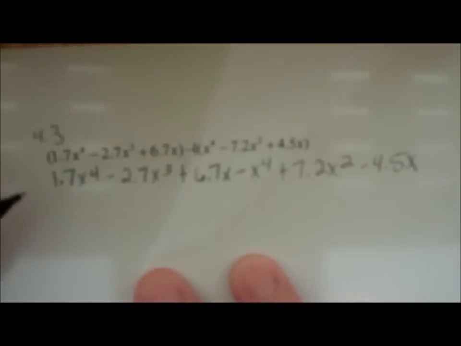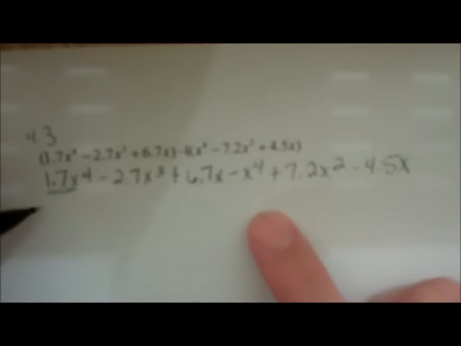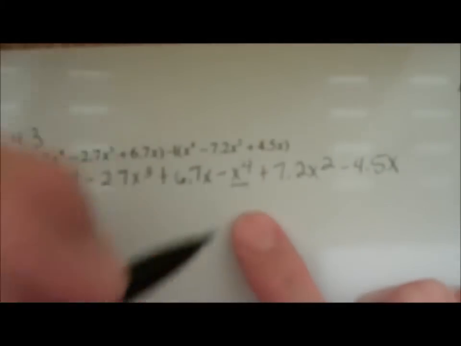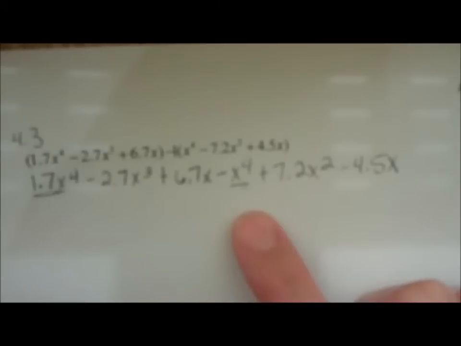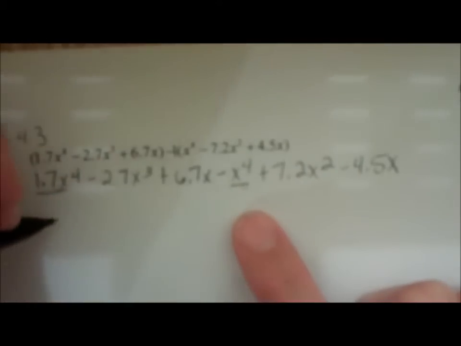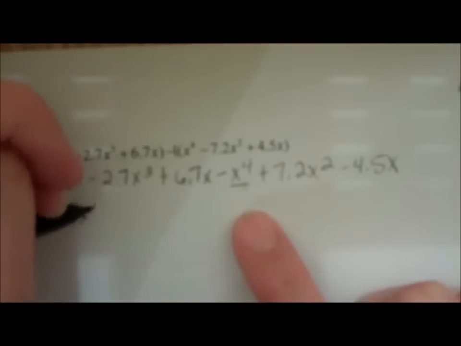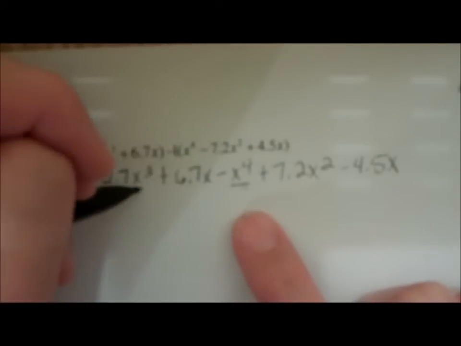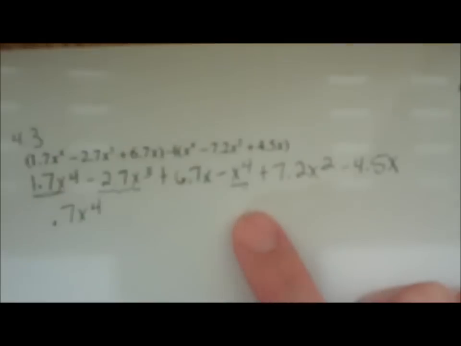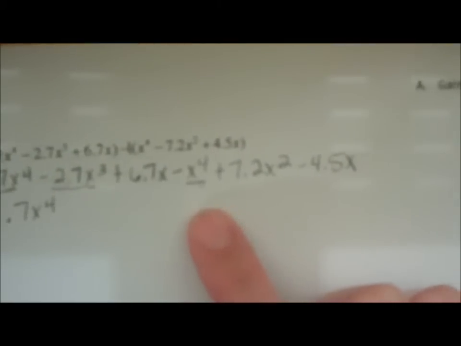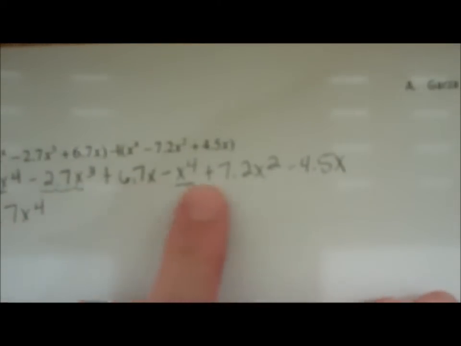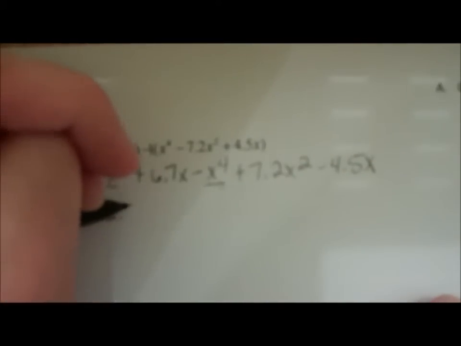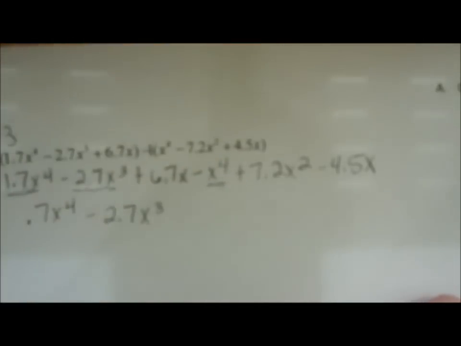Okay, from here I'm going to combine like terms. So I have a 1.7x to the fourth there, and I have a negative x to the fourth there. If I combine those, I get 0.7x to the fourth. I have a negative 2.7x cubed there, and I don't have any more x cubed, so that'll be minus 2.7x cubed.